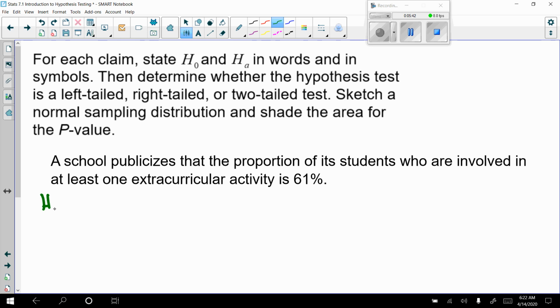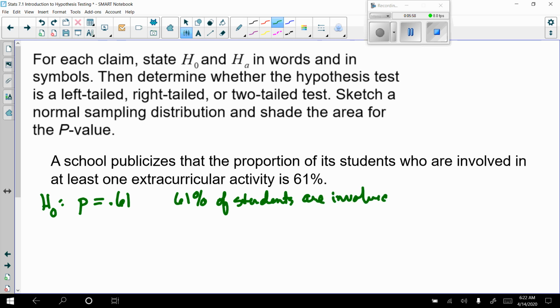Remember, we had the null hypothesis where the proportion was equal to 0.61. That means 61% of students are involved in extracurricular activities. The alternate hypothesis, remember, was that in order to prove that false, it has to be not equal to 0.61.